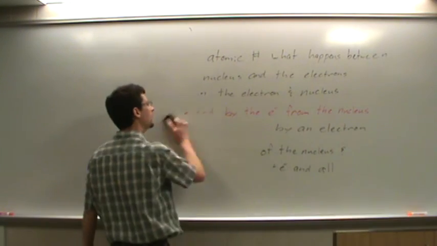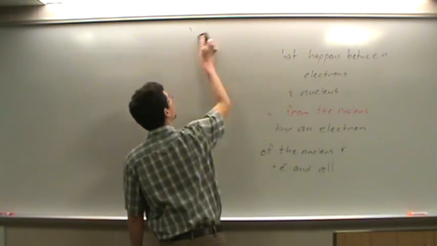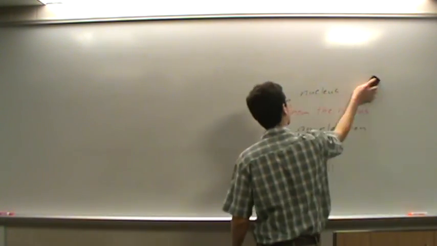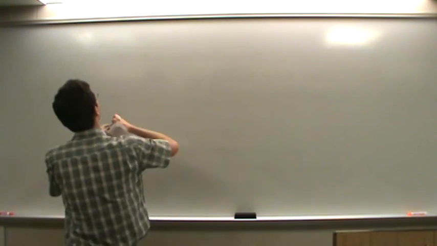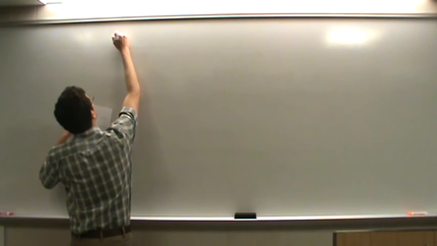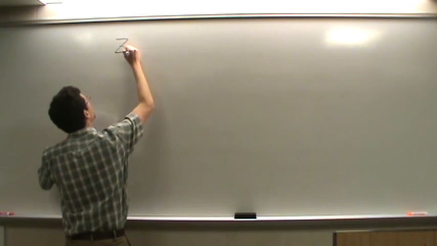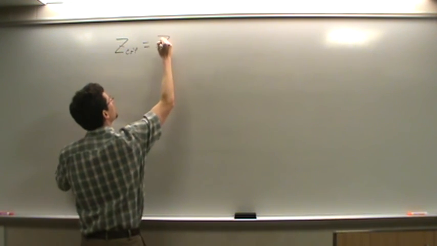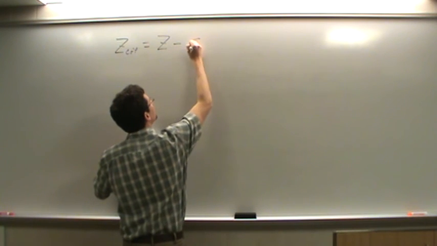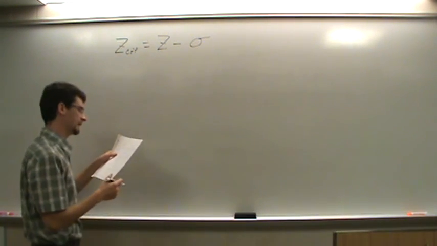And we'll talk about what shielding is in a moment. So, what we have is Z effective. The way that it is calculated is Z effective is equal to the nuclear charge minus the shielding constant.